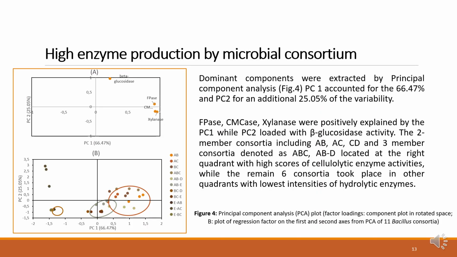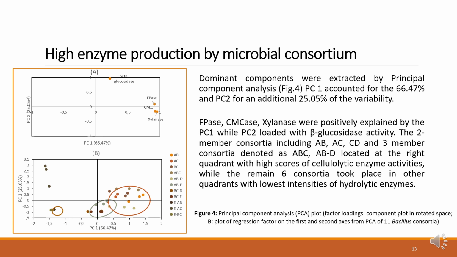To discover the degradation mechanism of the microbial consortia, principal component analysis was employed to analyze the contributions of different cellulose enzymes in the first 3 days. The enzymes measured included the total cellulase, endoglucanase, beta-glucosidase, and xylanase. Two dominant components were extracted by this method.